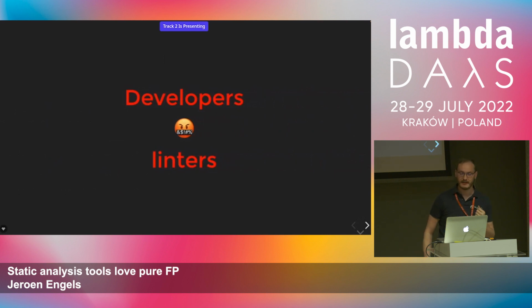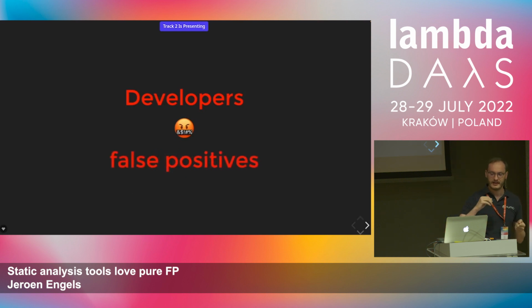I first want to emphasize how developers dislike linters. They're a tool that they usually don't trust. And the main reason for that, except for the fact that all errors are just one-liners that don't give a lot of context, is because developers don't like false positives. I think no one here likes those.